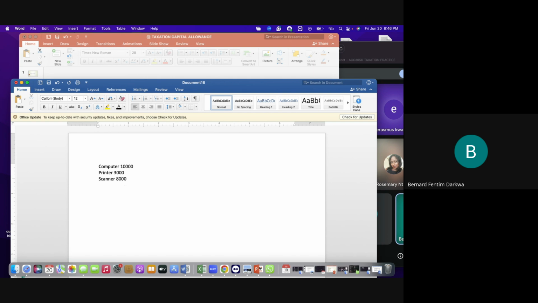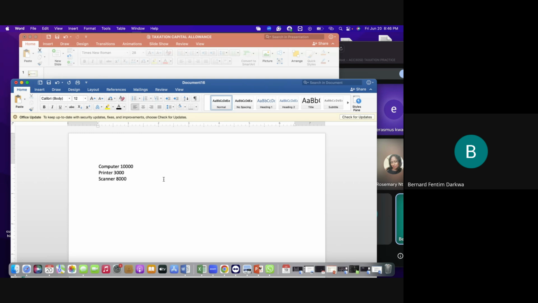Now, these are assets with their values. These assets are all class 1 assets. Once we want to place them in the pool, we are going to add 10,000 plus 3,000 plus 8,000. Then we say class 1 pool, the balance is 21,000.